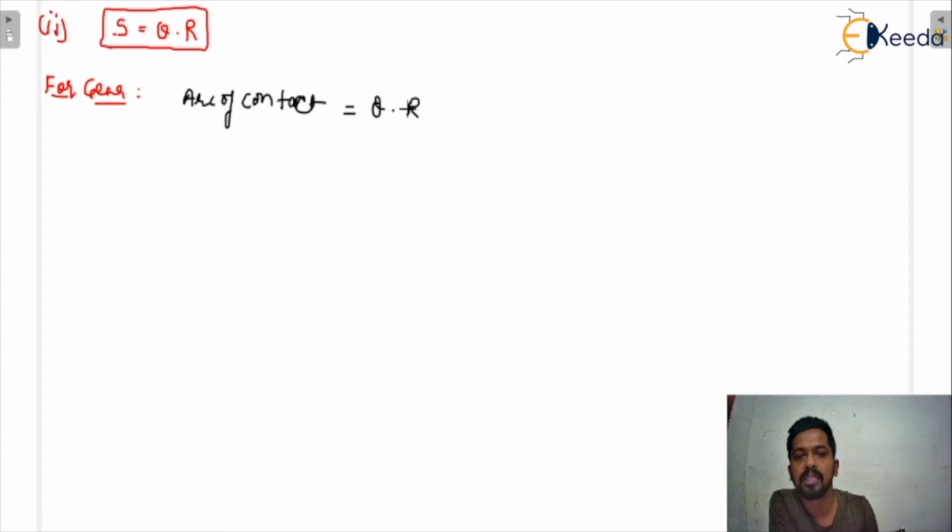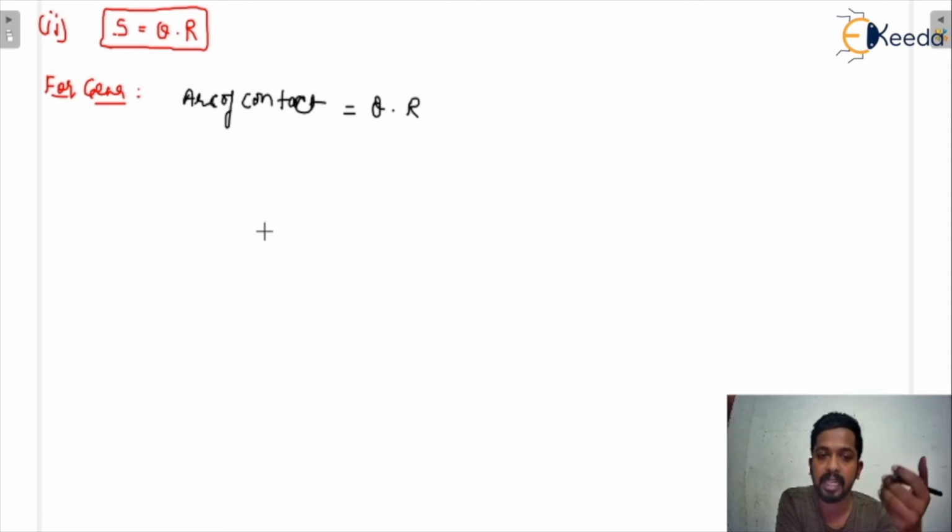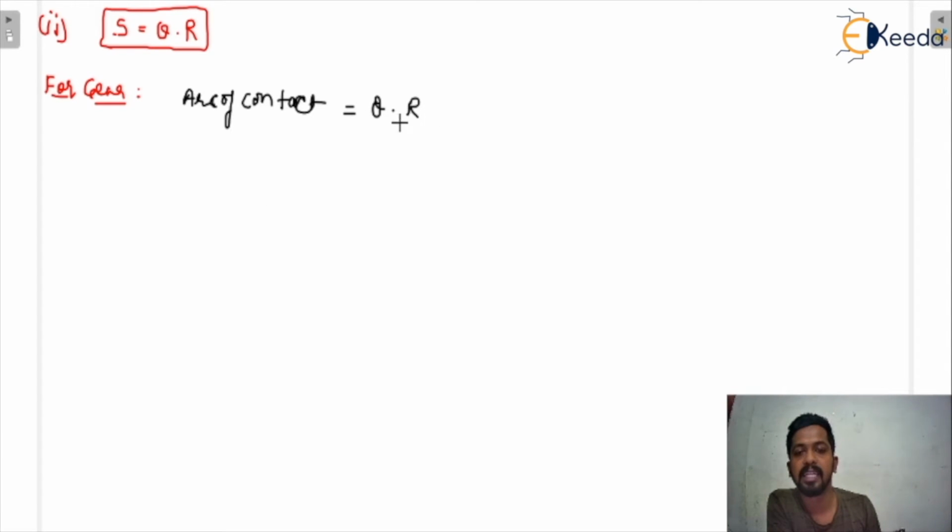Here I am going to consider R. Why am I considering R and not RA, the radius of the addendum circle? You must understand the definition of the arc of contact. Arc of contact is the distance traveled by the gear or pinion along the pitch circle in one engagement period. So I am saying along the pitch circle, that is why I am considering the radius of the pitch circle. So this is basically theta into radius of pitch circle.